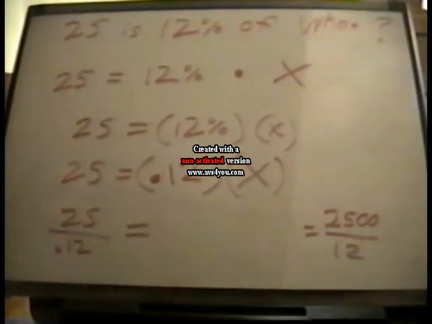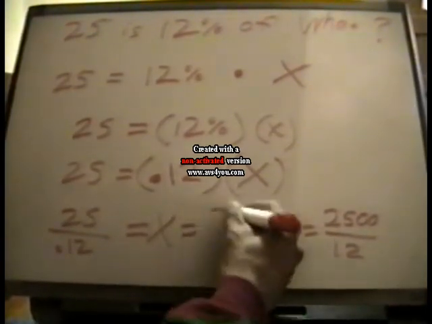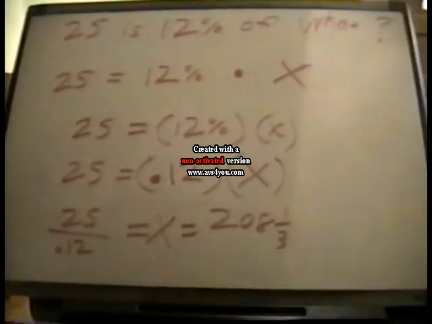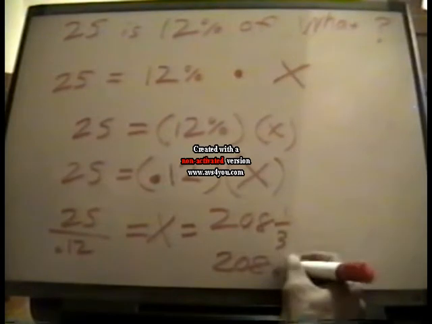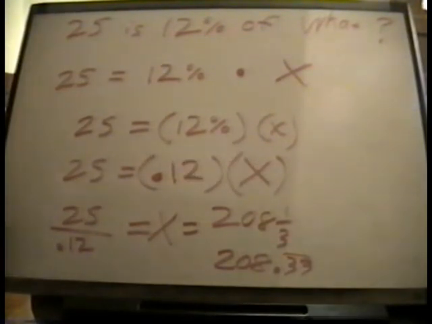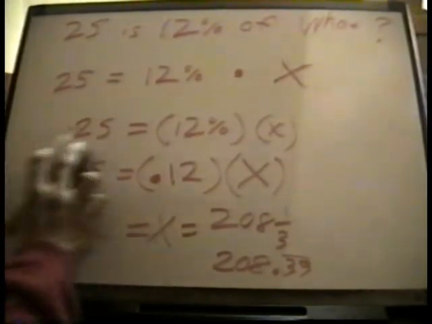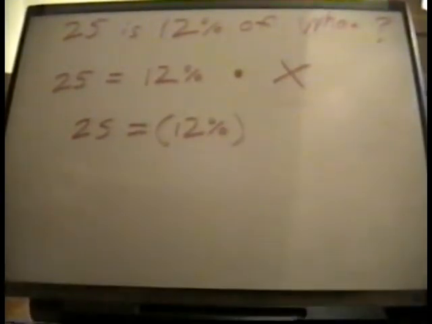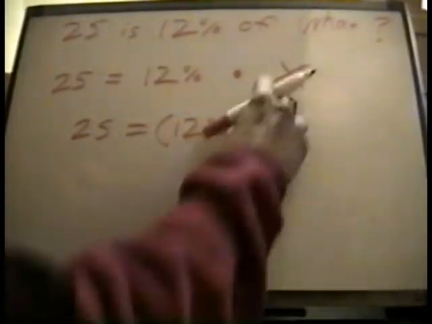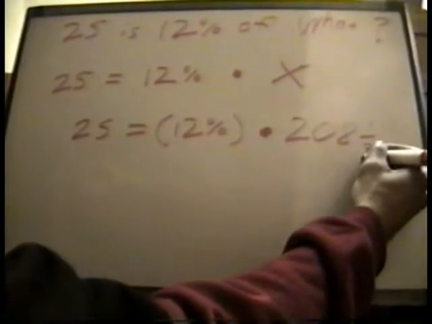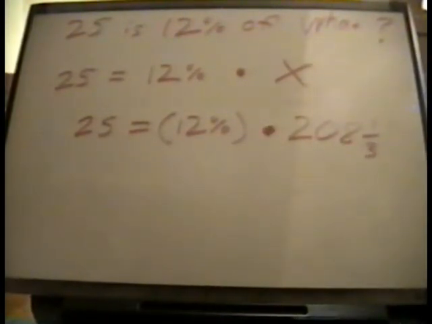This is what x is equal to: 208 1/3, or we would say 208.3. So to answer the question, 25 is 12% of 208 1/3, or 208.3.